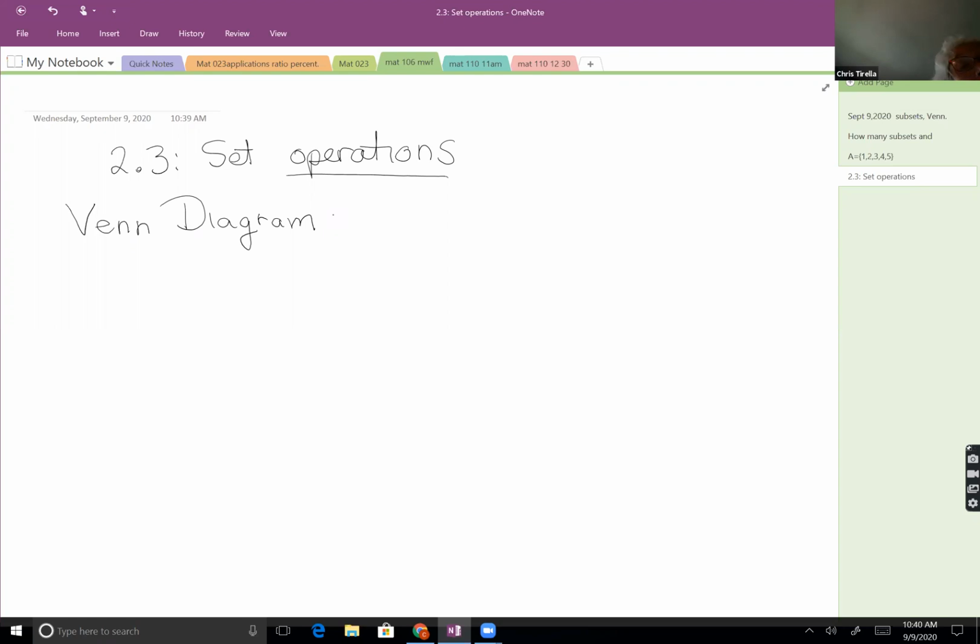Now, a Venn diagram is a diagram that shows the relationship between sets. And so, yes, if it's a diagram, you're going to be drawing.